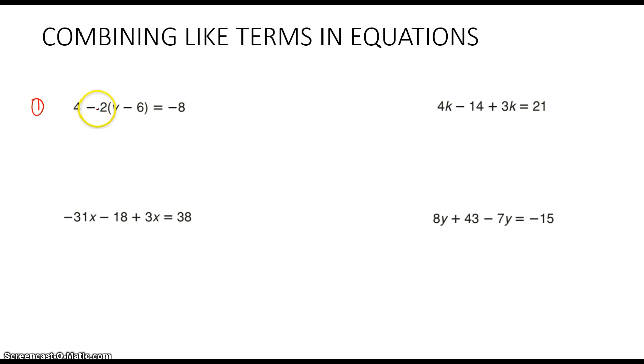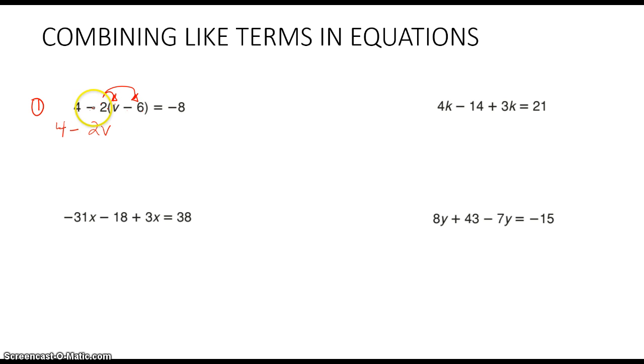You have 4 minus 2 times the quantity v minus 6 equals -8. So I saw those parentheses, and that let me know I'm drawing some arrows. So now it's 4 minus 2 times v is 2v. Watch, this is a tricky one. -2 times -6.